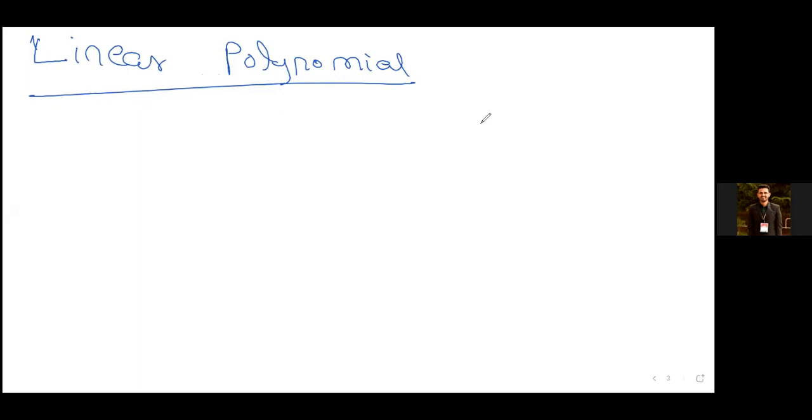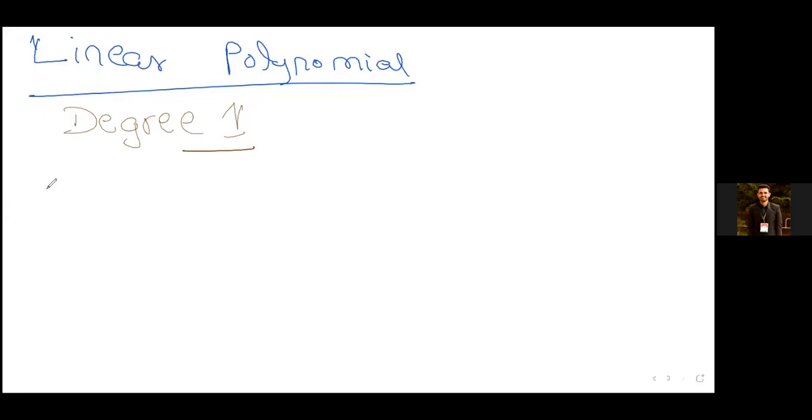What do you mean by this term linear or linear polynomial? Okay. This linear actually tells us that the polynomial is of degree 1. So this polynomial is having degree 1.